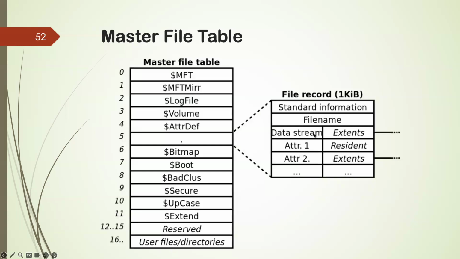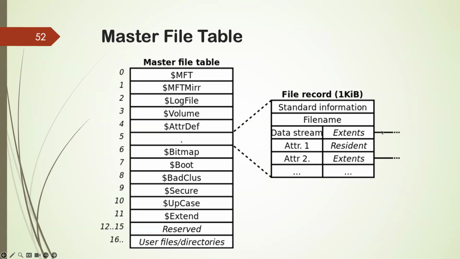So data is written in NTFS in the form of different data streams, and these data streams can be either resident, if the entire data is stored in this particular MFT record because it is less than 1 kilobyte. If it is bigger, then we have to store it somewhere else on the hard drive and just store the pointers to those sectors in this data attribute.